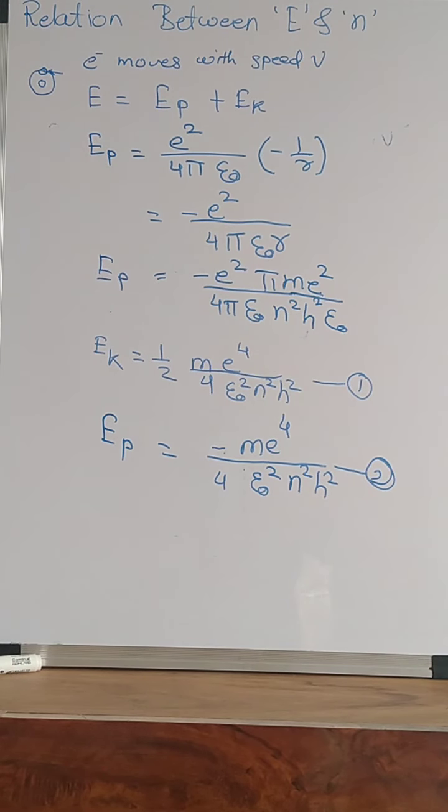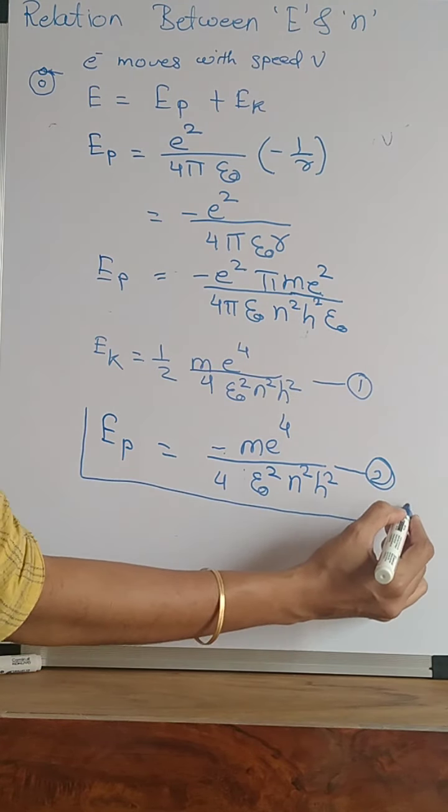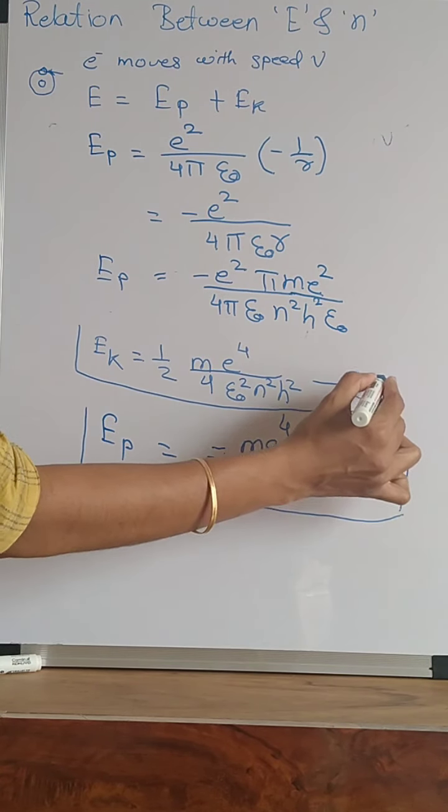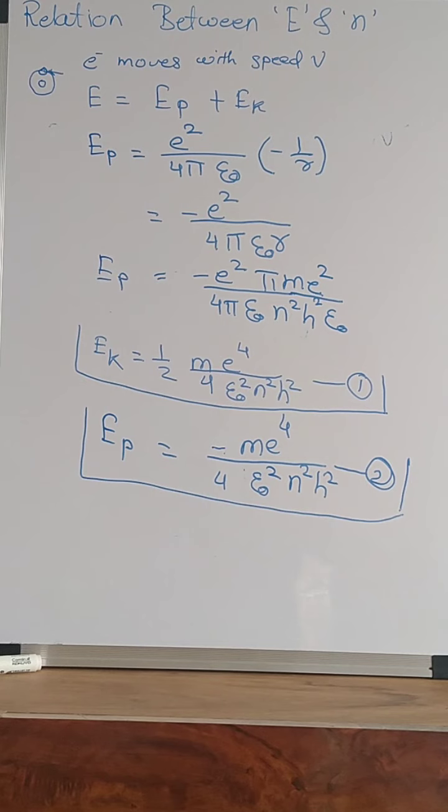Now we will find out the total energy. The potential energy is given by equation 2 and the kinetic energy is given by equation 1. We will add these two equations to get the total energy.